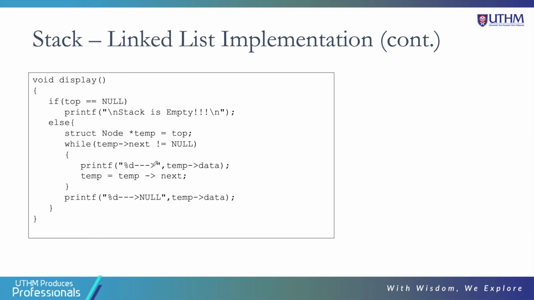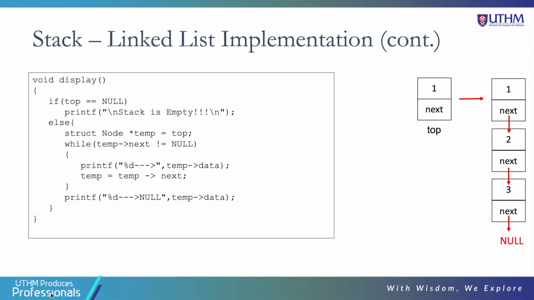Okay, this is the display function to display all the elements inside the stack. Let's say we have these three elements inside the stack. If top is equal to null, meaning that the stack is empty, just jump into the else part.